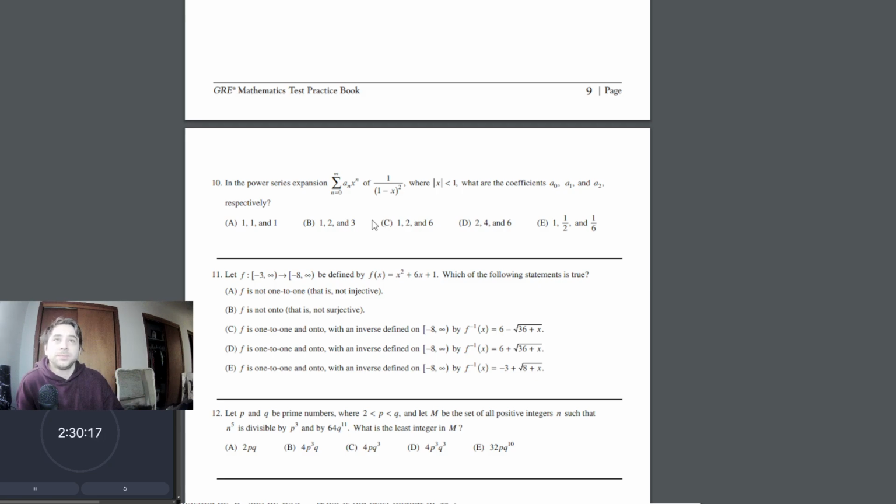Power series. X is less than 1. Probably just B. That's all the numbers.